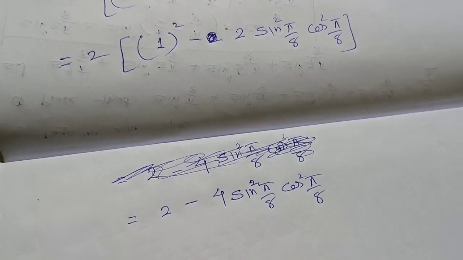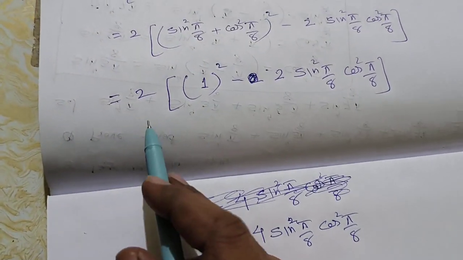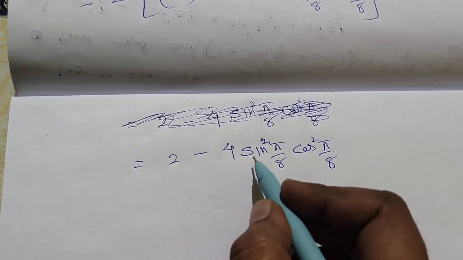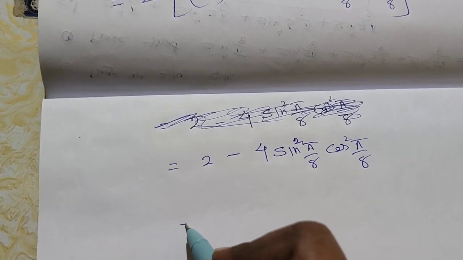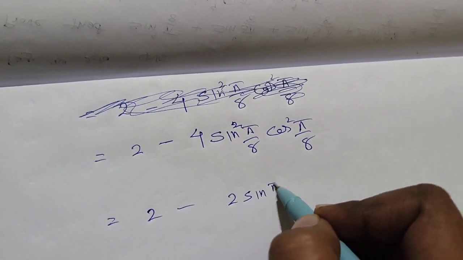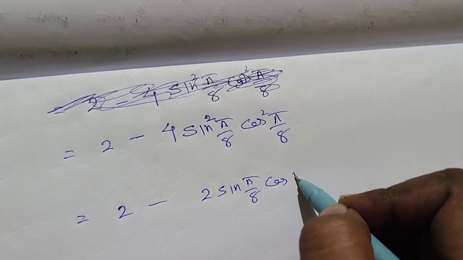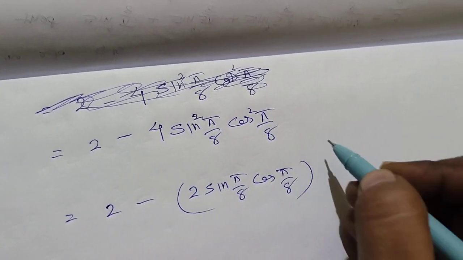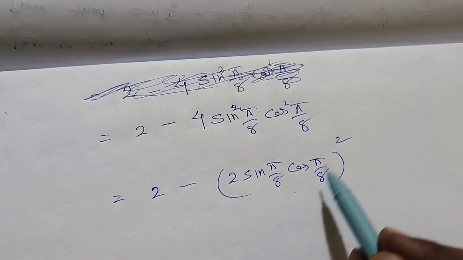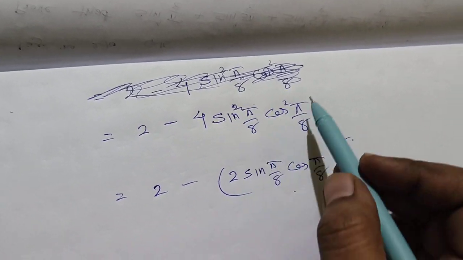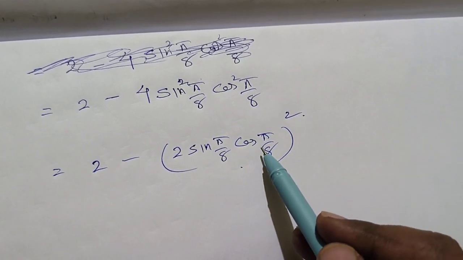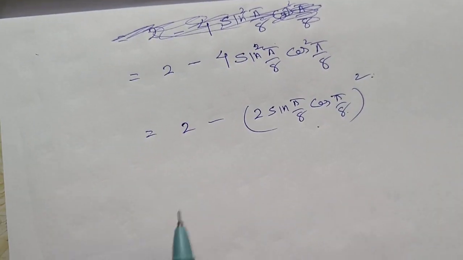Sorry, here also we have to open the bracket by multiplying with 2. So we have to write this term like this: 2 minus 2 sine pi by 8 cos pi by 8 whole square. Means this is 2 twos are 4. Sine pi by 8 whole square means sine square pi by 8. Cos pi by 8 whole square is cos square pi by 8.